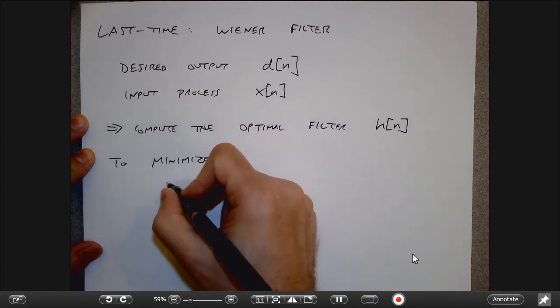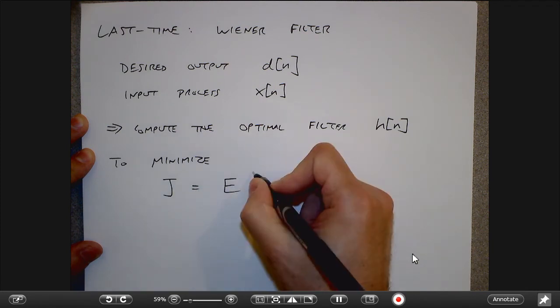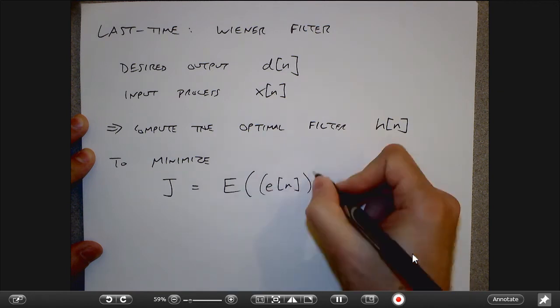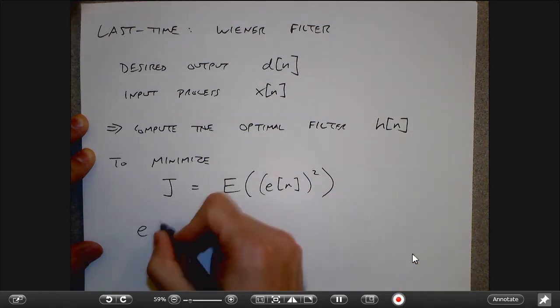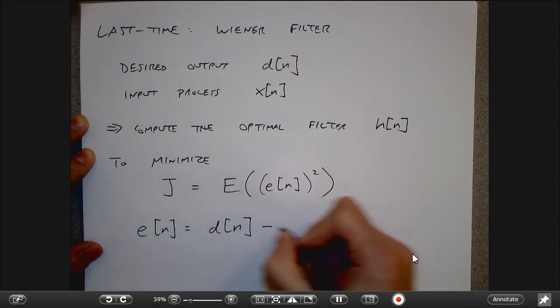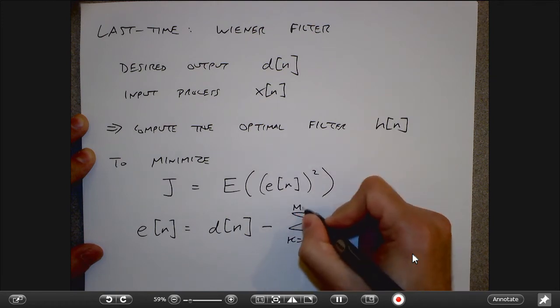We called that cost function J, and we said that was basically the expected value of the square of the error, where the error was defined as the difference between what I want, the desired output, and the result of filtering the signal with a given filter.